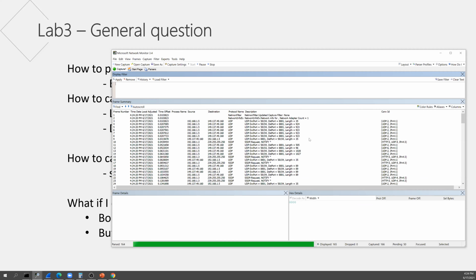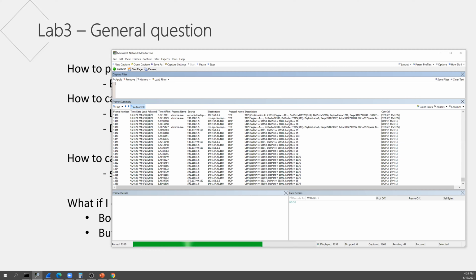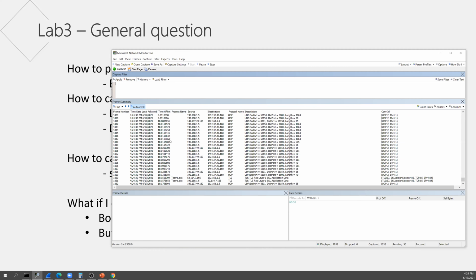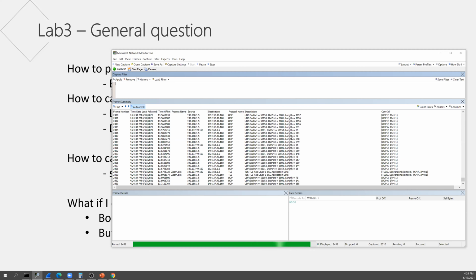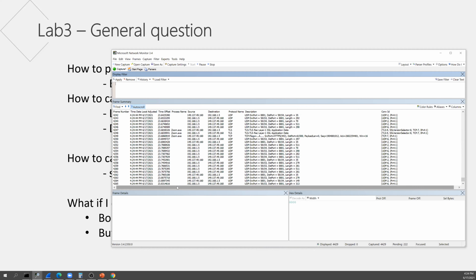Click F5, and you can see there are lots of packets inside here. To increase the traffic from your computer to outside, you can play a video while you're capturing, or you can simply use a command line ping to ping your server, or ping your hotspot, okay?